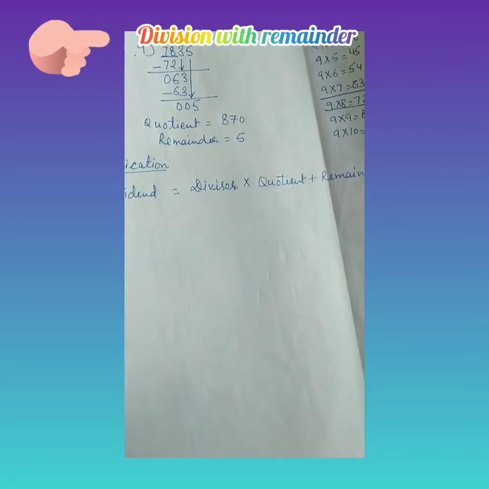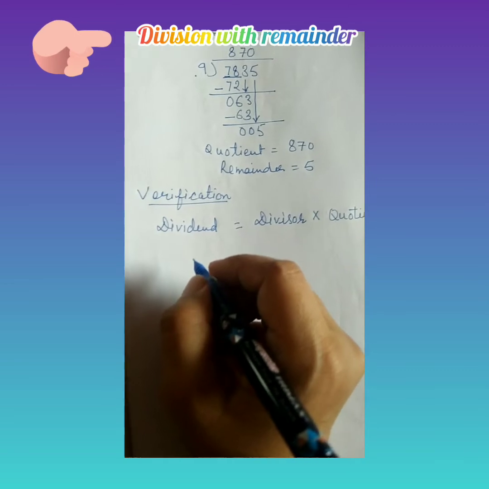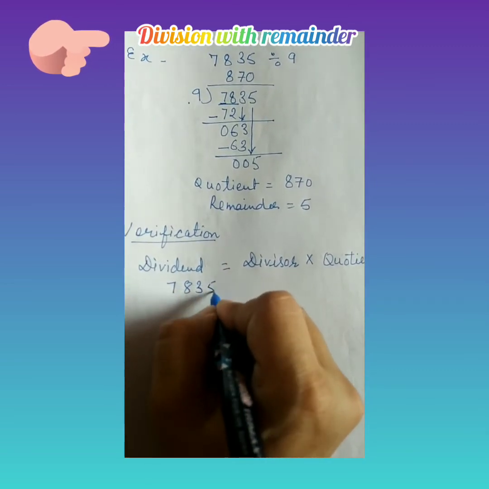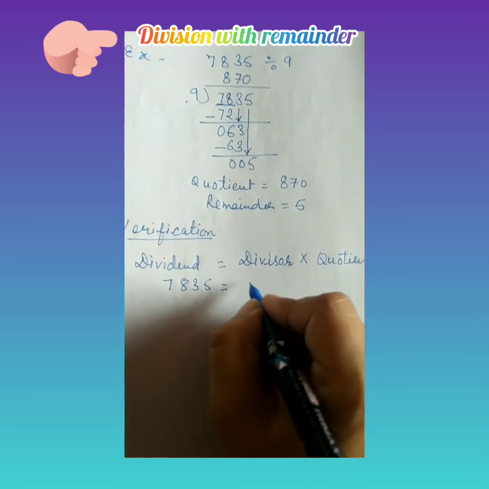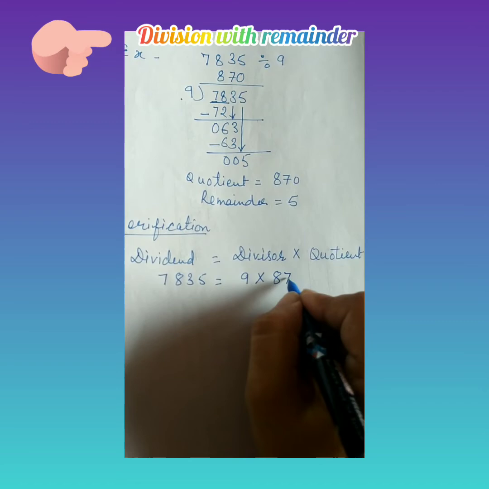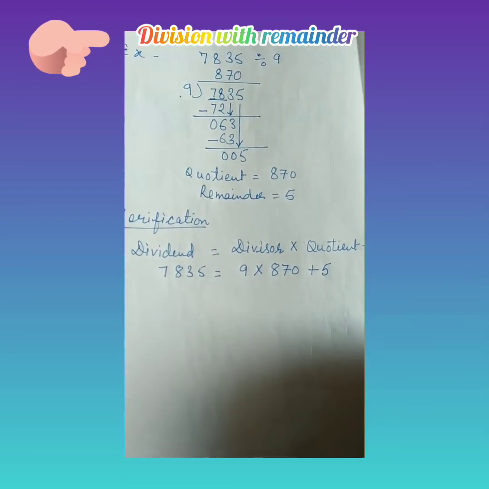Right? This was the formula. Now put the values. The dividend was 7835. The divisor was 9. What was the quotient? The quotient we got is 870 plus the remainder we got is 5.